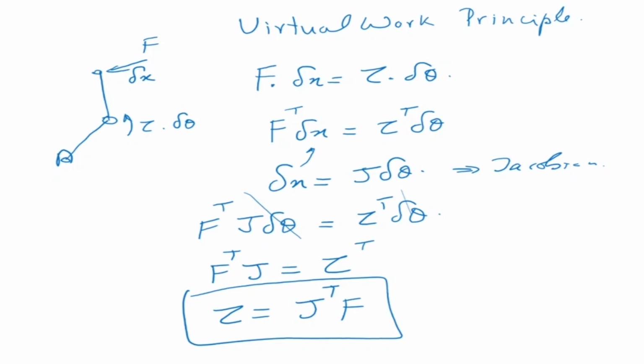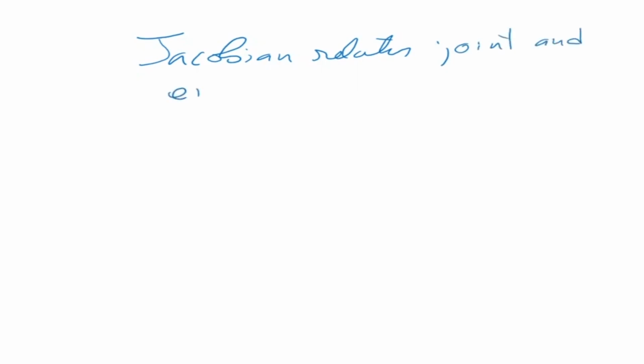So something to remember very carefully here is that the Jacobian relates joint and end effector velocities.